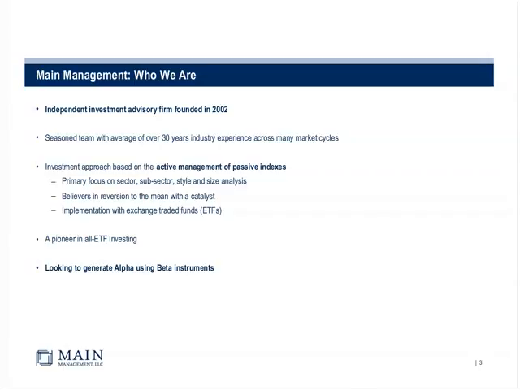Our fundamental proposition is that we view ourselves as active managers of passive indices with a primary focus on sectors and subsectors, styles and size, and countries. We're also big believers in reversion to the mean, so we tend to look at things that have been out of favor.